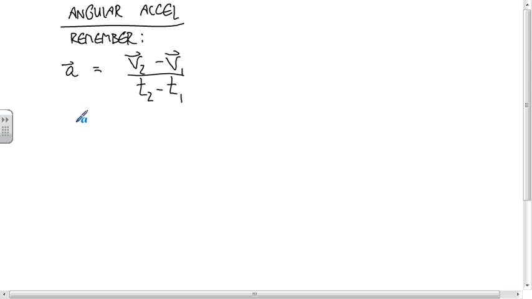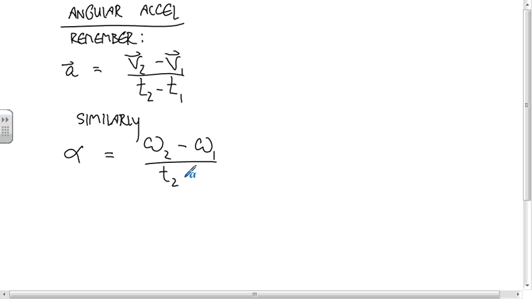And it's going to follow that same form here. So similarly, the angular acceleration is equal to the angular velocity at the later instant minus angular velocity at the earlier instant divided by the elapsed time.